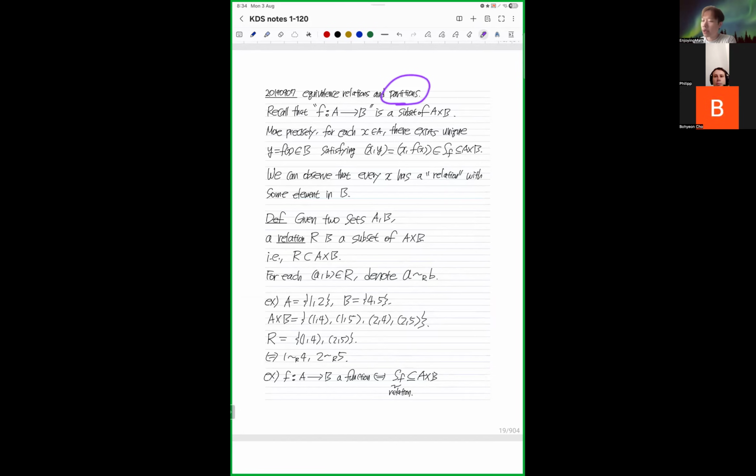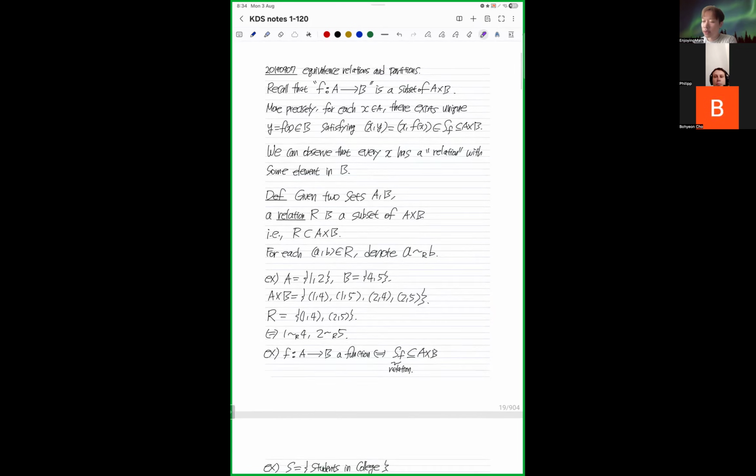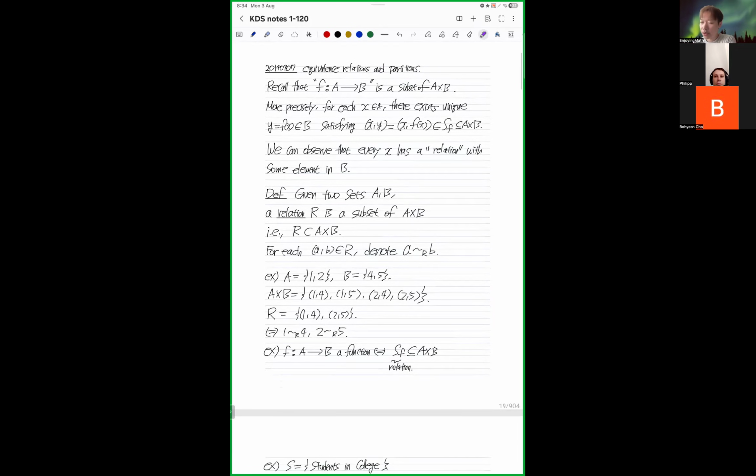But partitions, I am still not familiar with the whole definition of partitions. Yeah, let's just go through the notes.